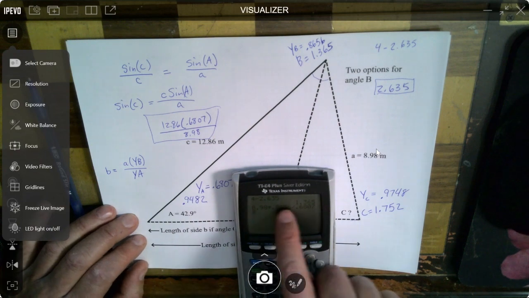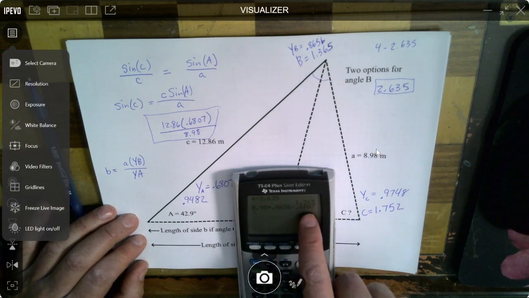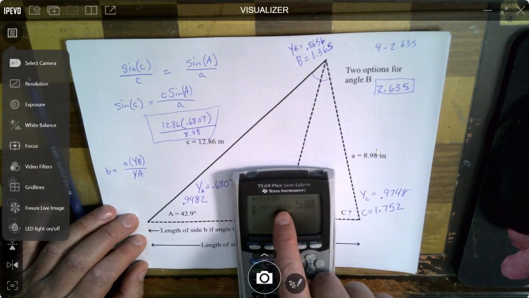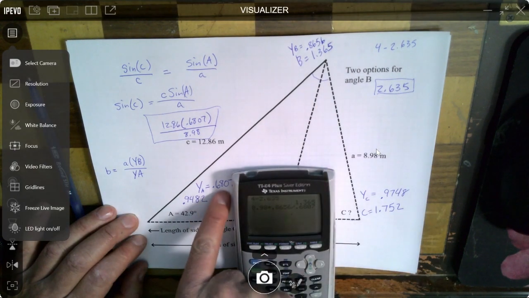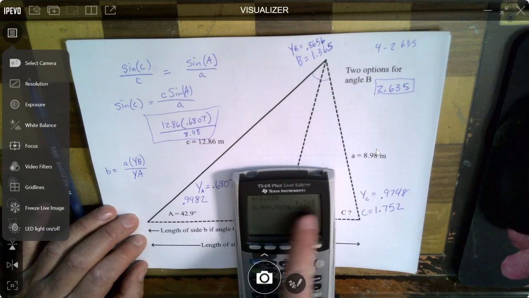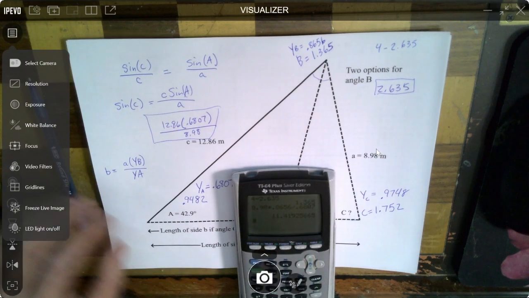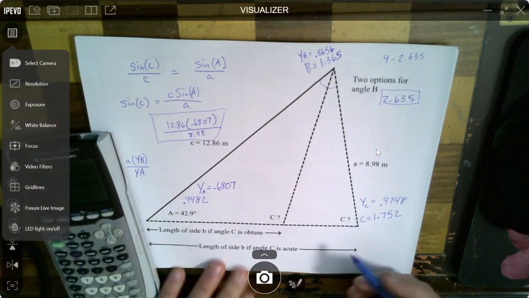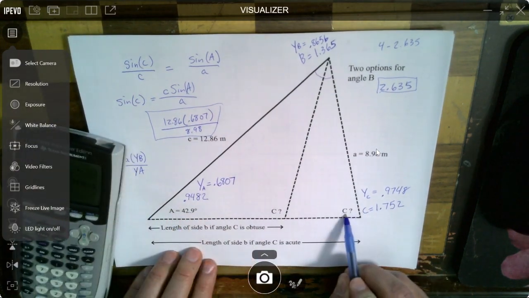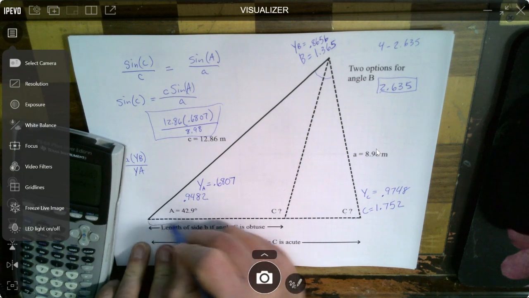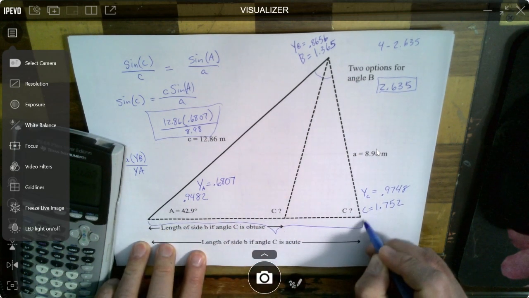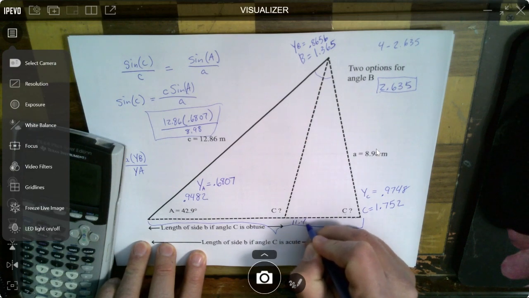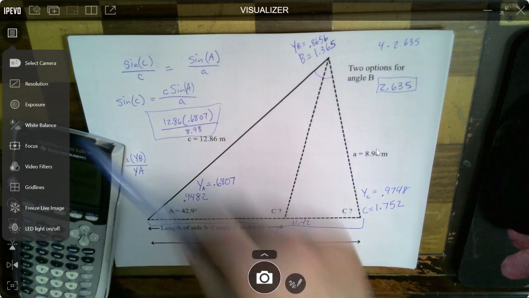These are the sine ratios, not the angles. So let's make sure we entered the sine ratio of B and the sine ratio of A. Then that tells us that this long length here, because we've done this acute option, is 11.42 units.